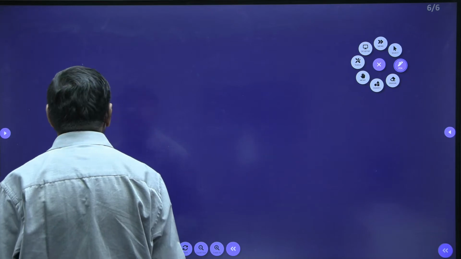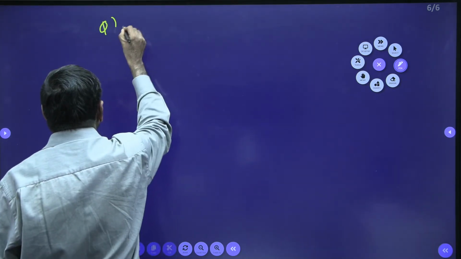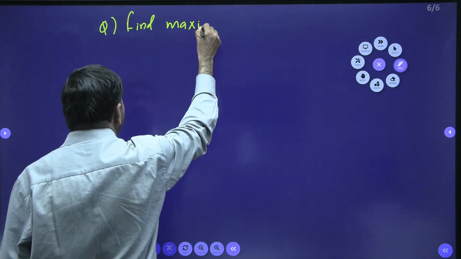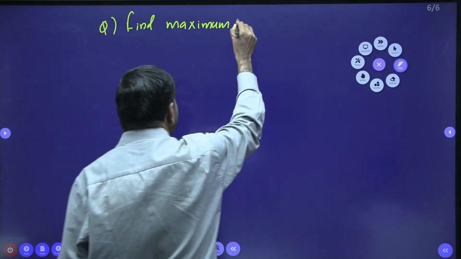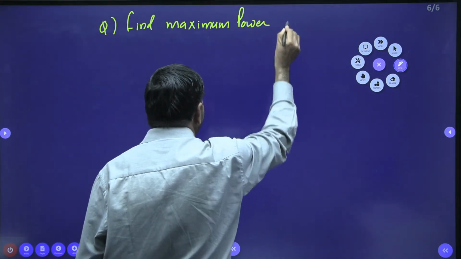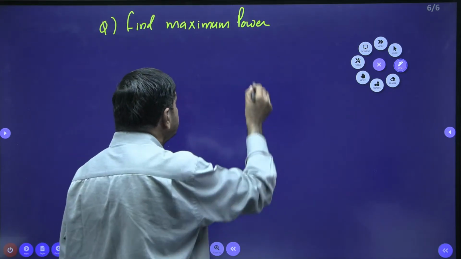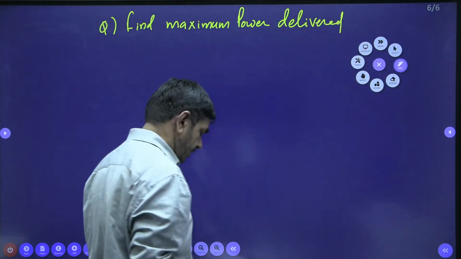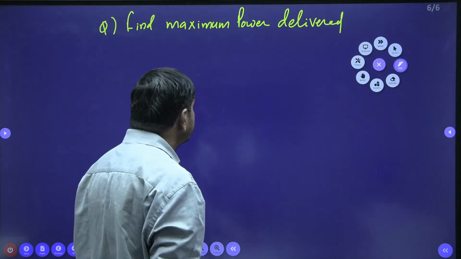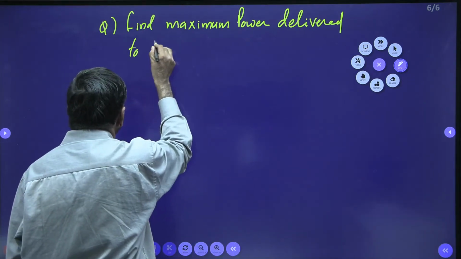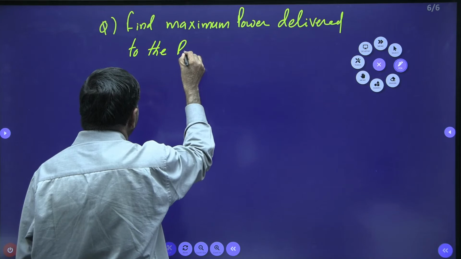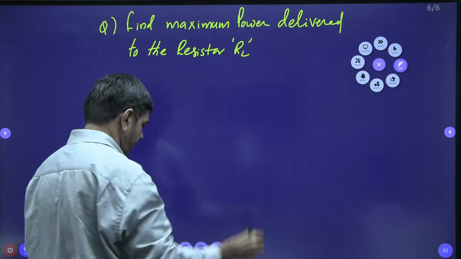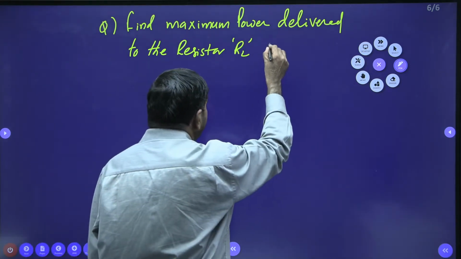Find maximum power delivered to the resistor RL.